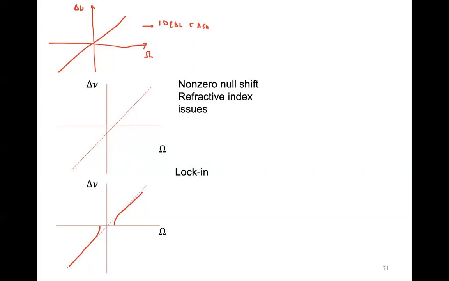So there is a mechanism that tends to provide the same beam frequency at the detector for small omega.